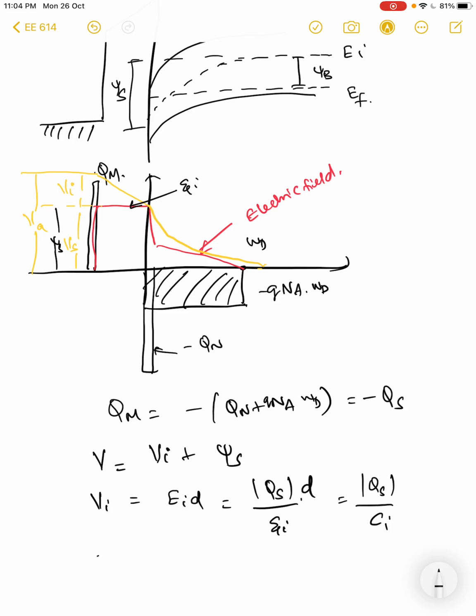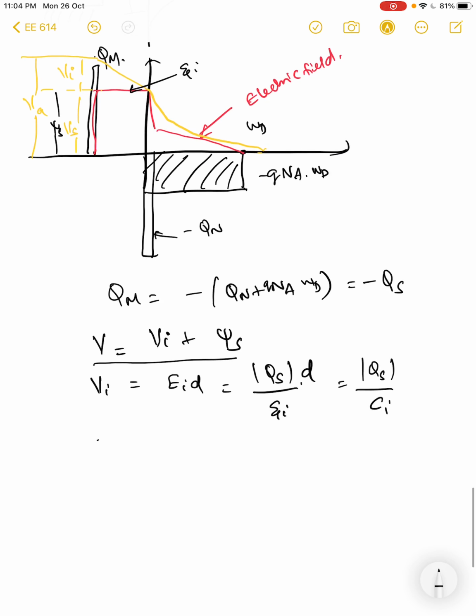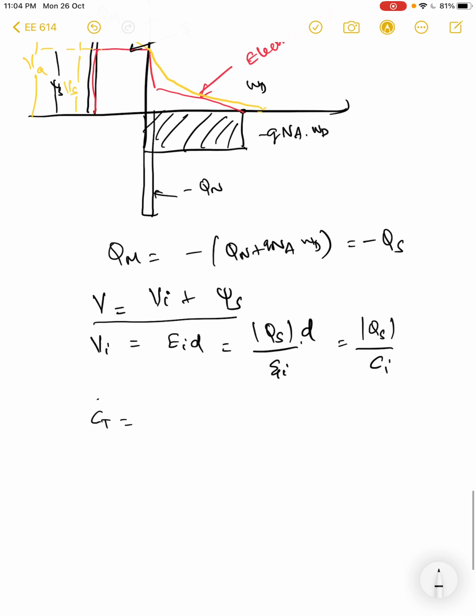And because the total voltage applied follows this particular rule, you can see that the total capacitance is that of two capacitances in series, and hence the total capacitance will turn out to be Ci Cd by Ci plus Cd. Ci is the insulator capacitance and Cd is the depletion capacitance, and Ci is just epsilon I by d. These are all area normalized capacitances, right?